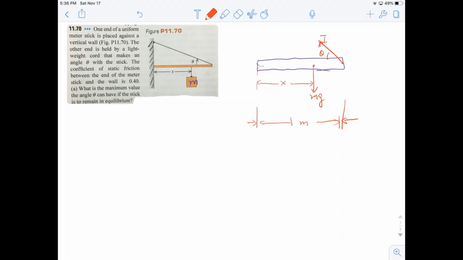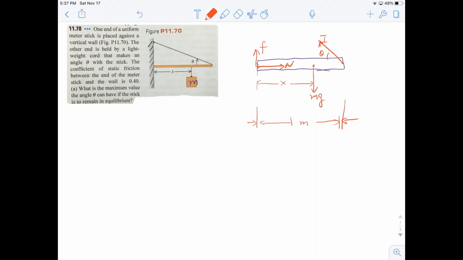Also we have two other forces. One is the normal force from the wall exerted on this meter stick, and the other is the friction force from the wall as well. Whether the friction force points upward or downward, we actually need to calculate, but here let's just assume that it's pointing up.